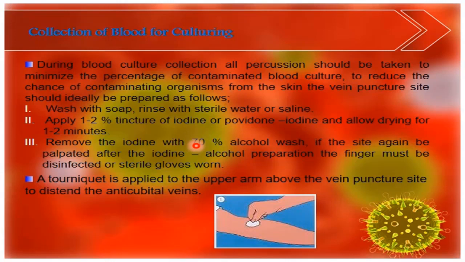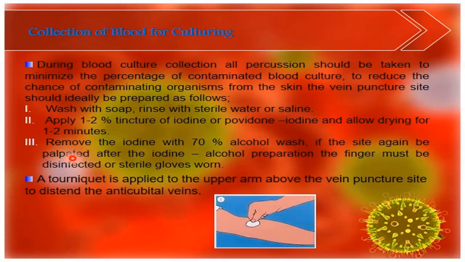As you know, the plasma membrane and cell wall of bacteria consist of lipid and protein. 70% will denature the protein and dissolve the lipid, while absolute alcohol does not have the capability for lipid dissolving and protein denaturing.